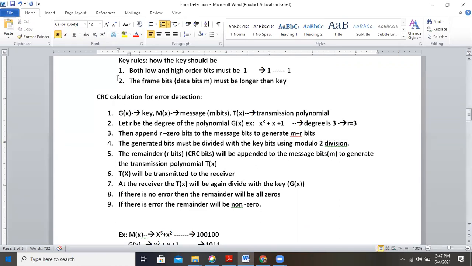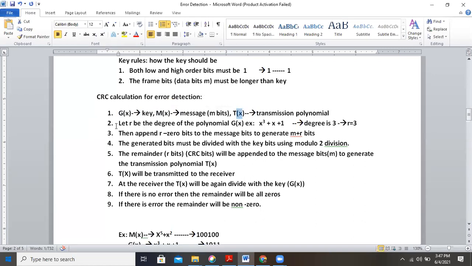That is the rule to be followed when you are choosing the key, and this key should be available at both the sender and the receiver. If the key is not available, the receiver cannot detect the error. Then we represent the generator polynomial, the message polynomial m of x, and the transmission polynomial.